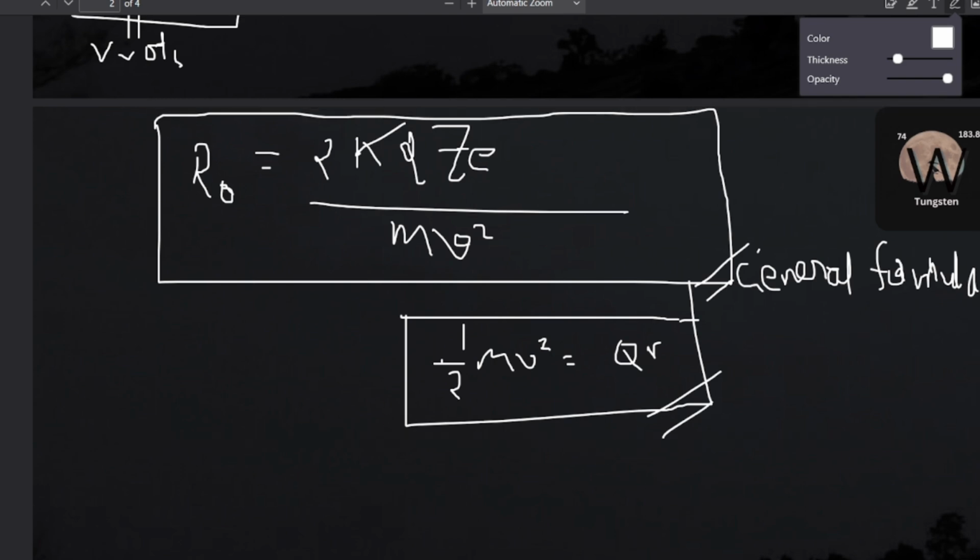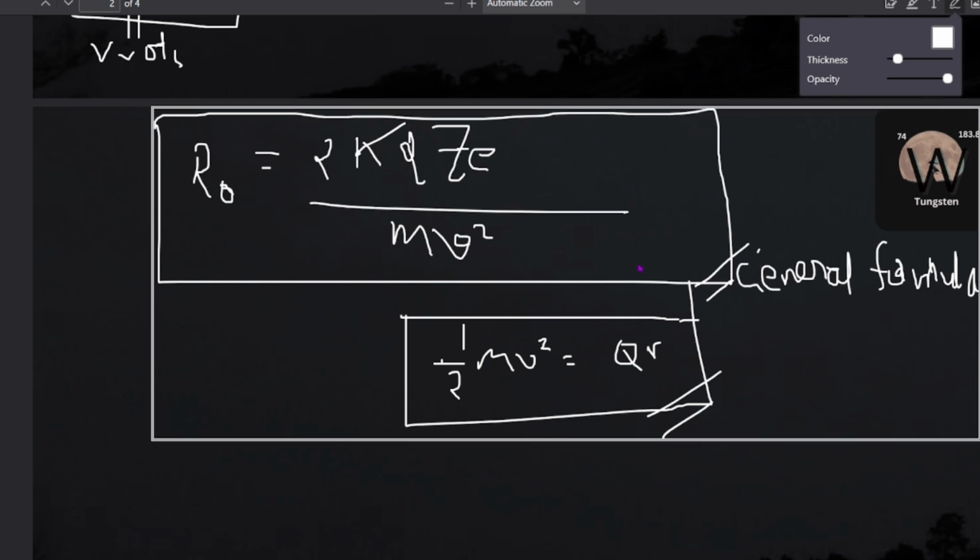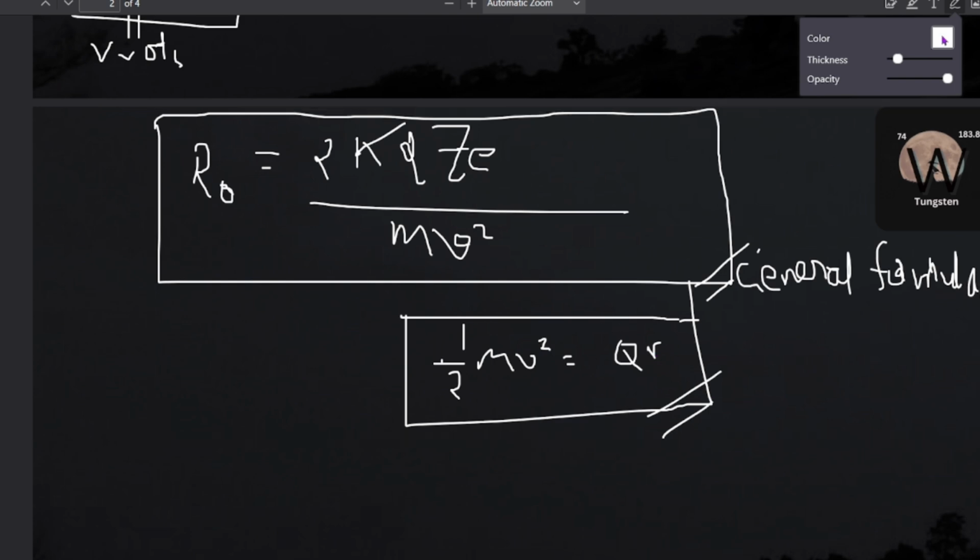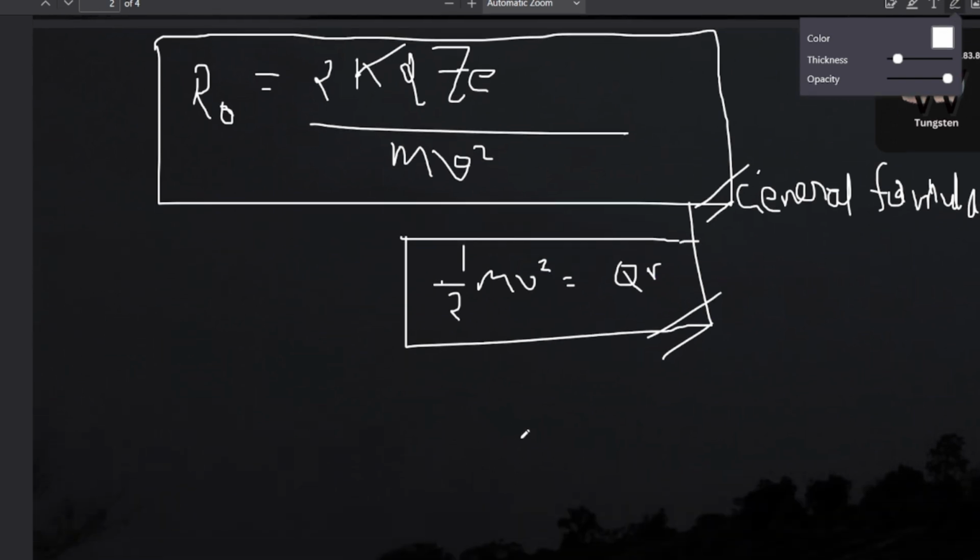Now a question to you: how can we express this formula in V terms? The answer is by replacing this mv square with qV, right? Let's do this. mv square can be written as 2qV, right?